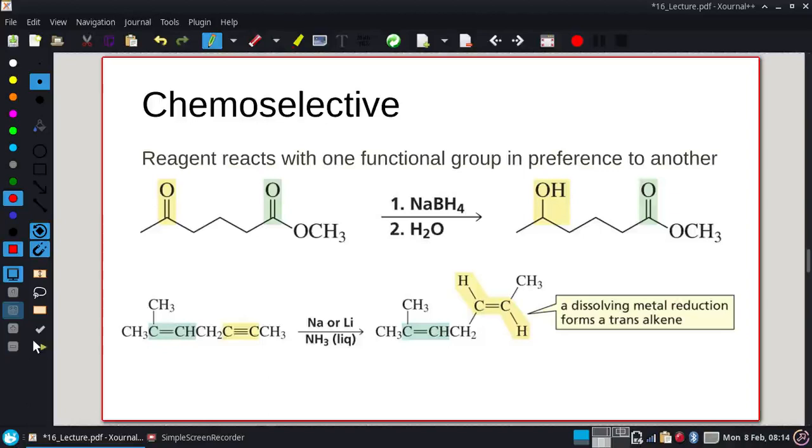One is a ketone, one is an ester. If I treat that with sodium borohydride, I know the only thing it's going to react with is the ketone because the ester is not strong enough to react. So this NaBH4 doesn't react with just any carbonyl, it reacts with select ones. And even that sodium and lithium with ammonia, we know it won't do anything at all with a double bond. So it's very selective, it's only going to react with the triple bond.